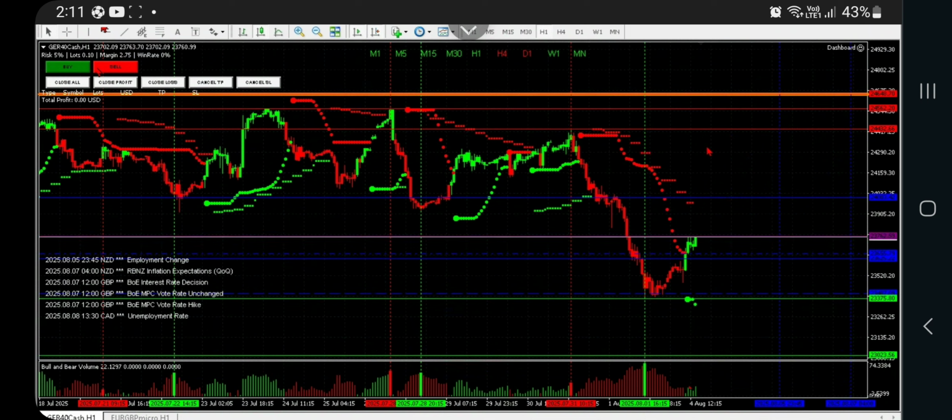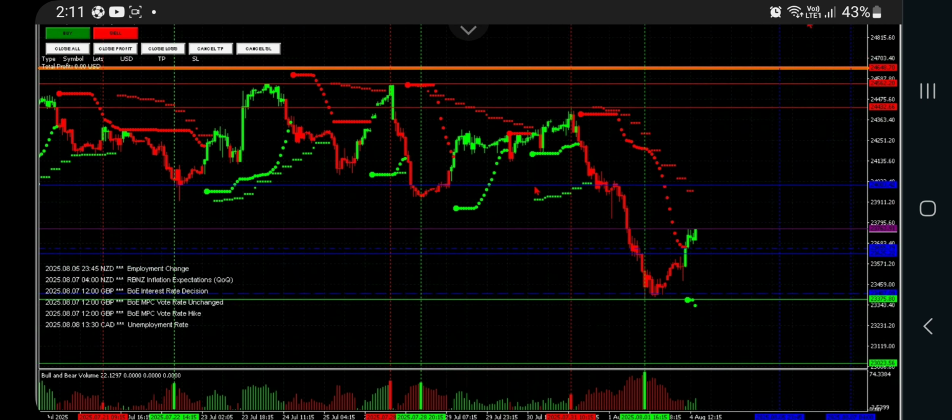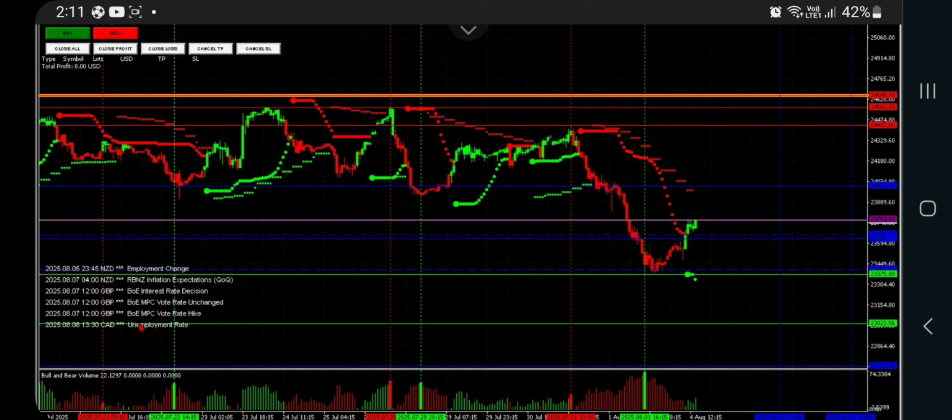So you don't need to go out to the navigator, and I don't like having navigator up here. I like to have it hidden. So with this method, you can actually manage your entire trading completely in full screen, without needing to concern yourself with things such as navigator, or terminal whatsoever.